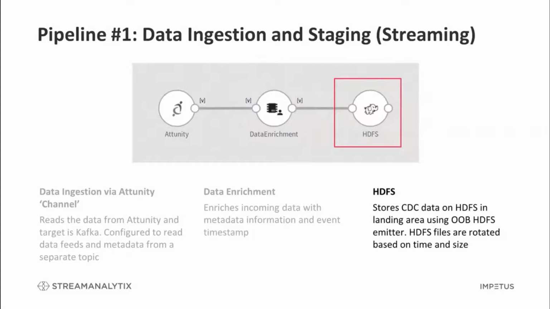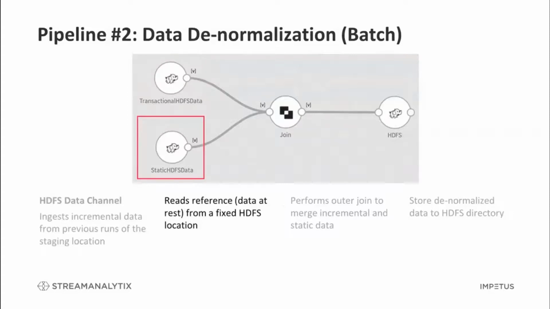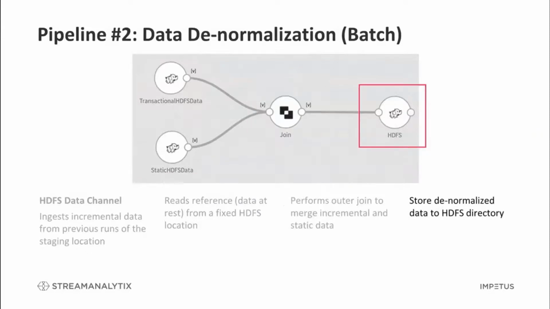Next is the data denormalization pipeline. So that actually takes care of reading data, streaming data, as well as reading data at rest. And it can join two different data streams and then store the final result in Hadoop.